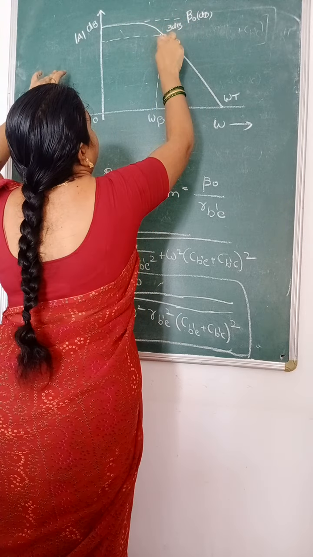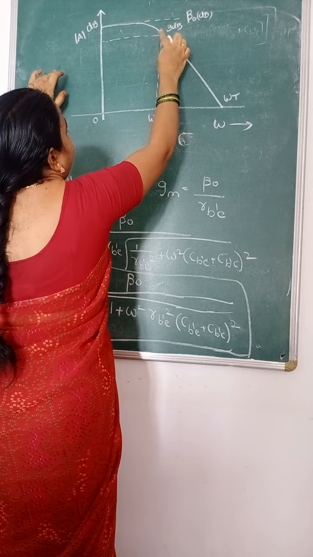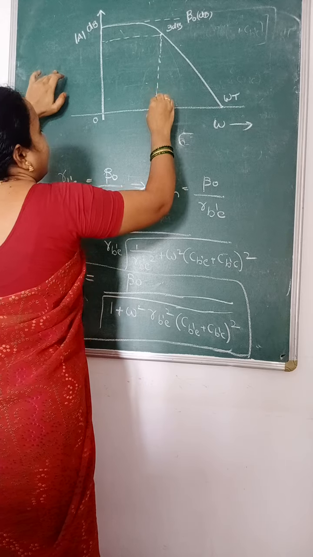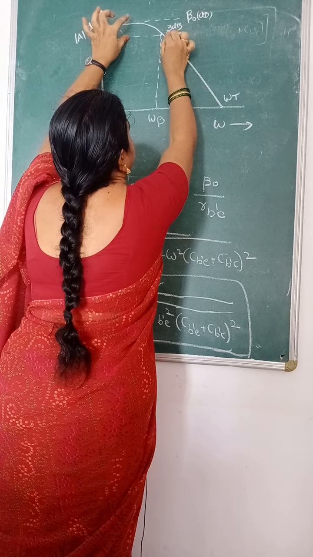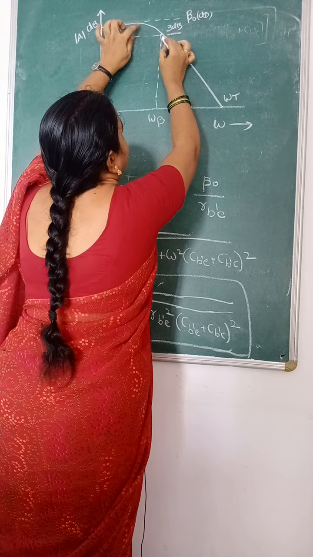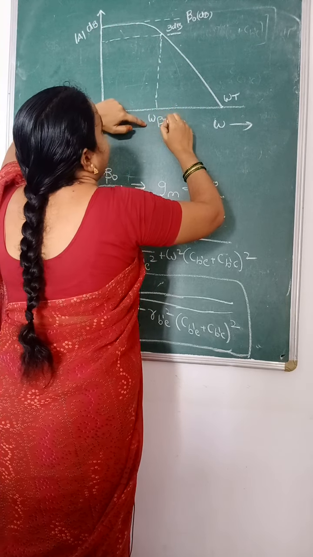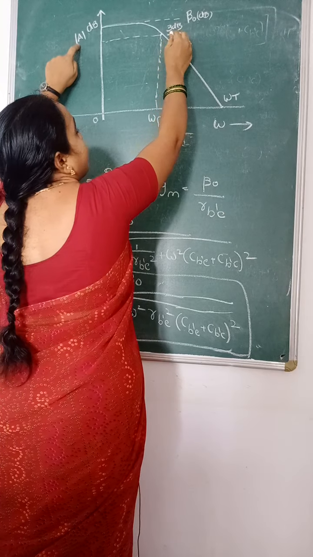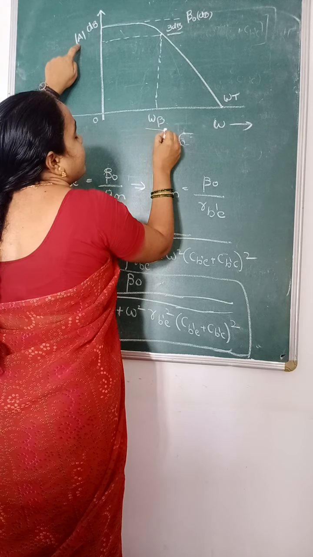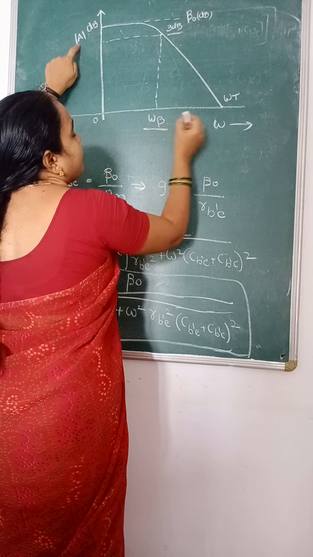After that, at this value, the gain value decreases. How much does the gain value decrease? It is by 3 decibels. So the frequency at which the gain of the transistor decreases by 3 decibels is denoted by omega B.